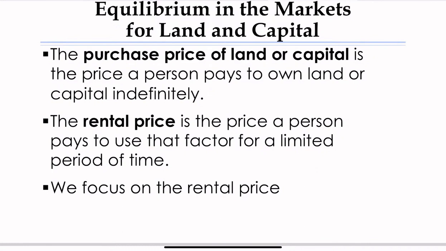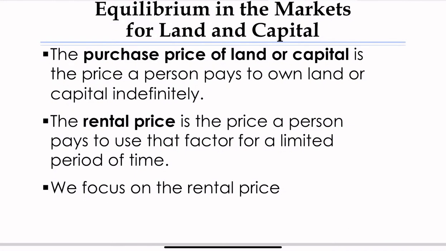So you can see that here we have different horizons. If you're paying the purchase price, you will become the owner, so you can use this asset forever. But if you're a renter, by paying the rental price, you can only use this asset, either land or capital, for a limited period of time according to your rental contract.